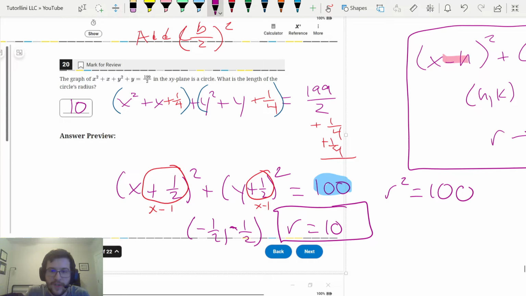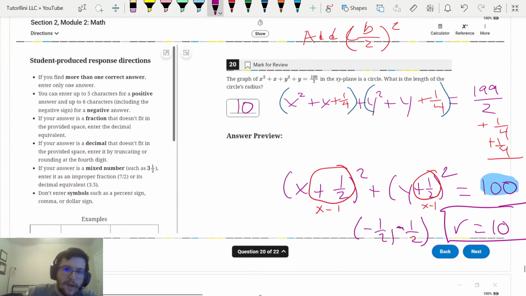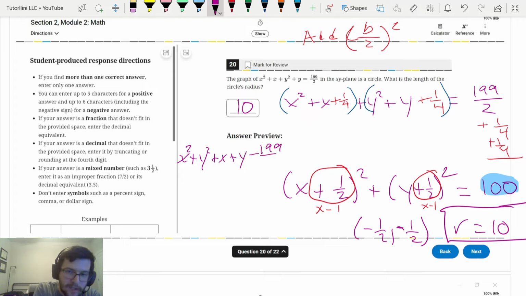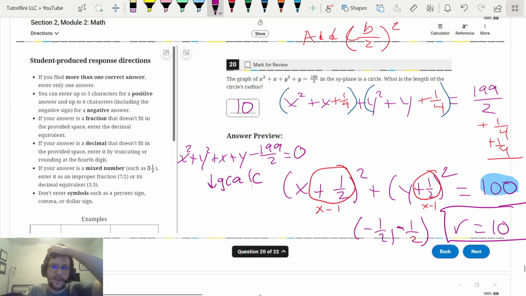For starters, if you have a graphing calculator program that can solve these equations, you can just type it in. So I'm going to rewrite it as x squared plus y squared plus x plus y minus 199 over 2 equals 0. And then I'm going to type it into my graphing calculator. So let's do that.